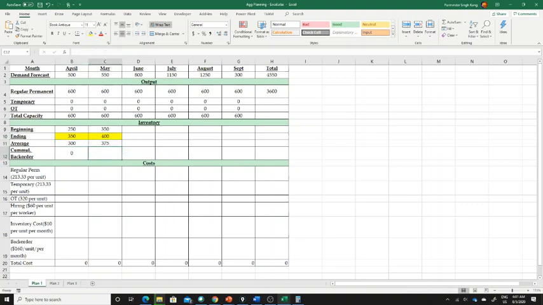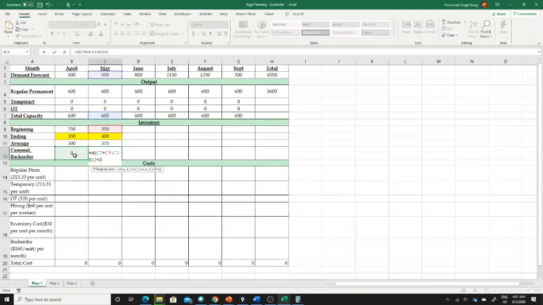So we're going to use a very similar approach for the back orders as what we did for the ending inventory, but the formula is going to be a little bit different. So we're going to have, if we have total capacity plus beginning inventory, which is 350, minus actual demand, minus the cumulative back order from the previous period is less than or equal to 0, right?